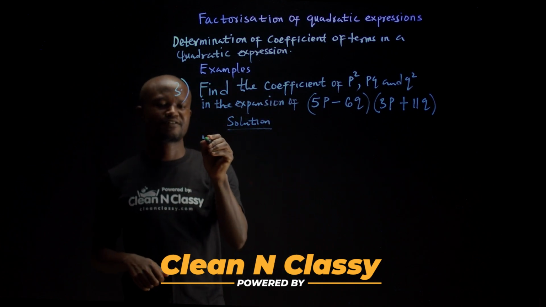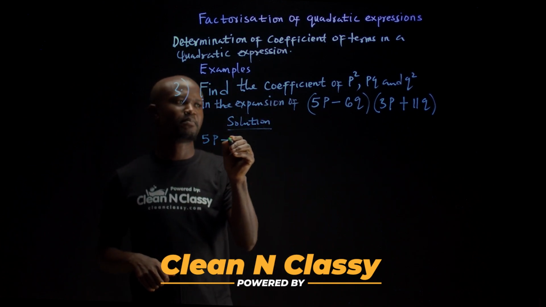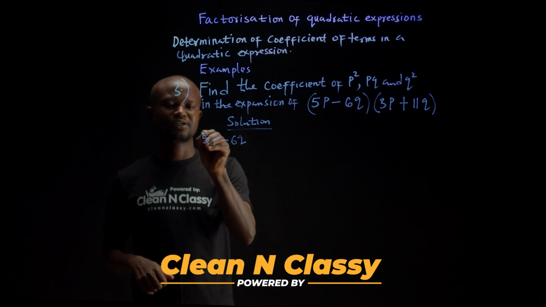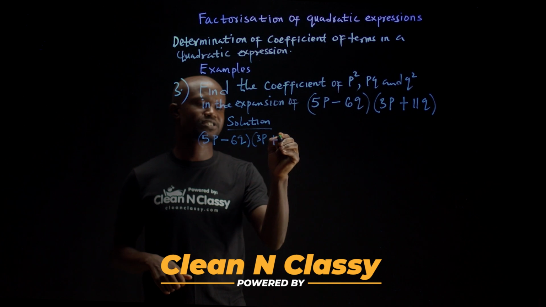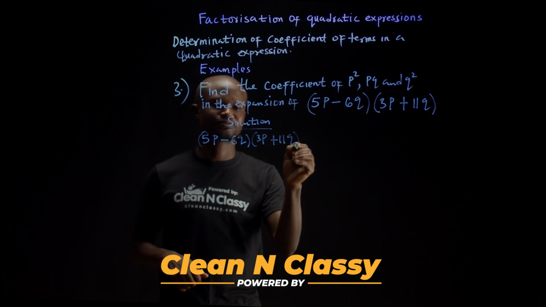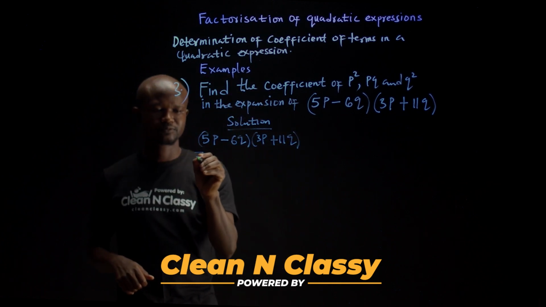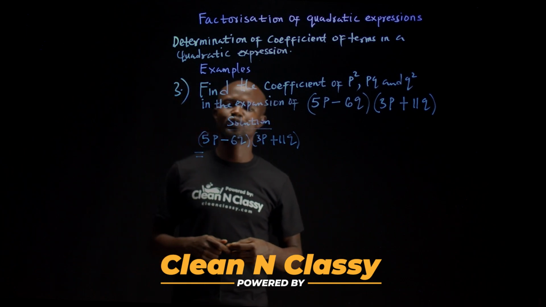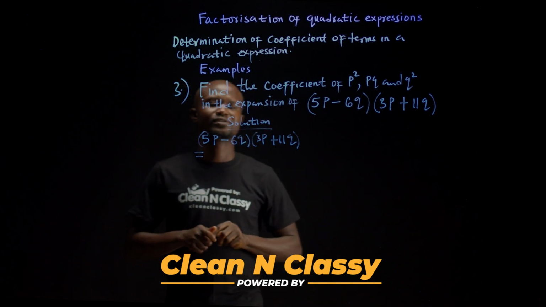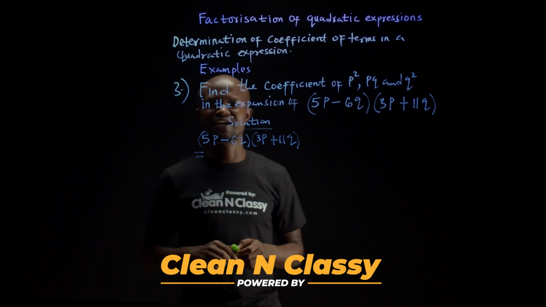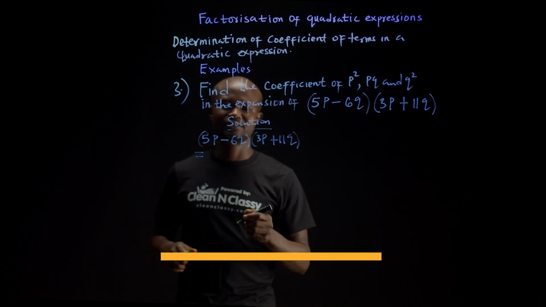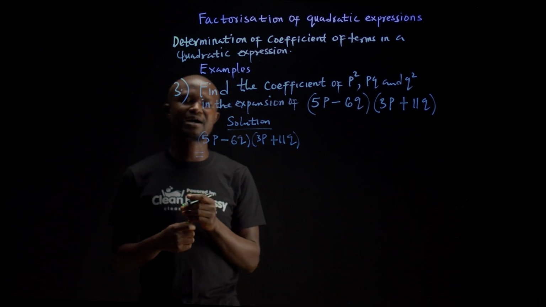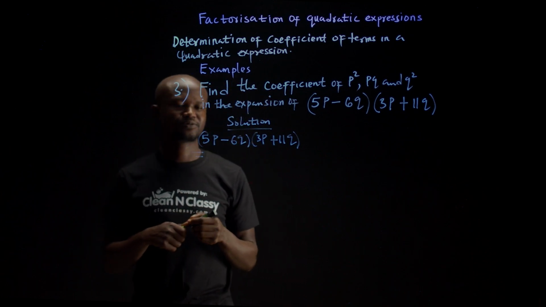We have 5p minus 6q into bracket 3p plus 11q. Now, what do we do? In this case, we have 5p here. That is the first term in the first binomial expression.